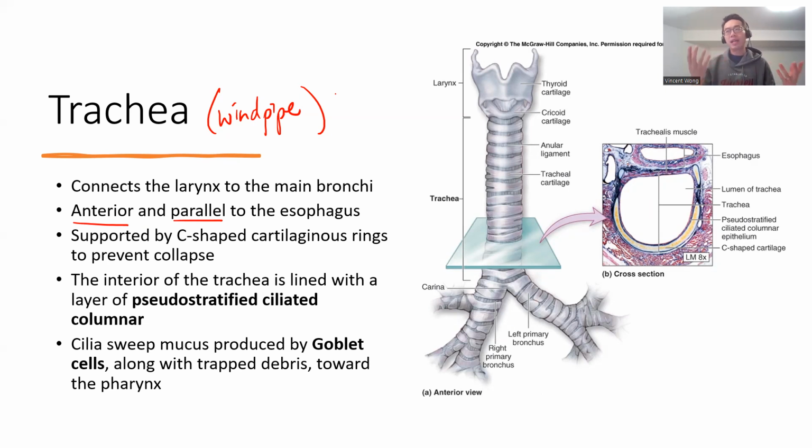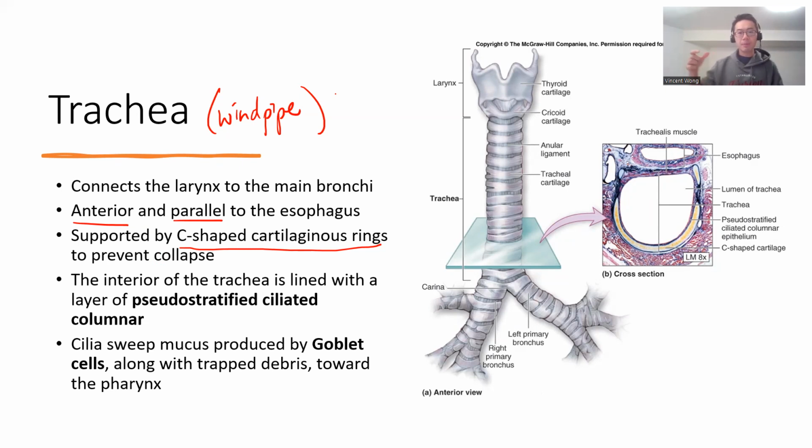And anytime you have negative pressure like that, things tend to close up. Imagine sucking air out of a balloon. The balloon deflates, right? So we don't want the trachea to deflate. We want to keep it open. And that's why we have these C-shaped rings to prevent it from collapsing.